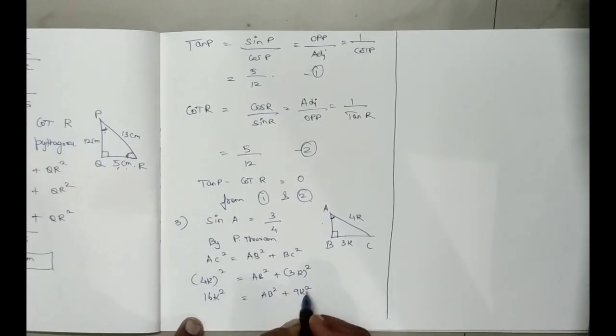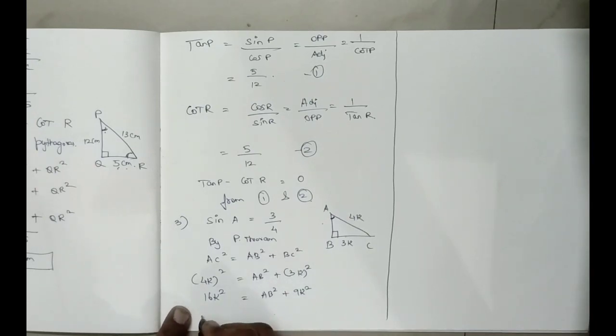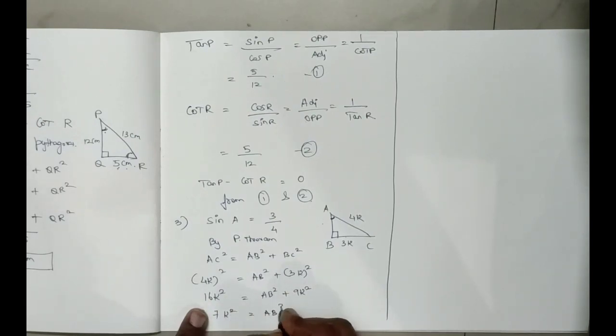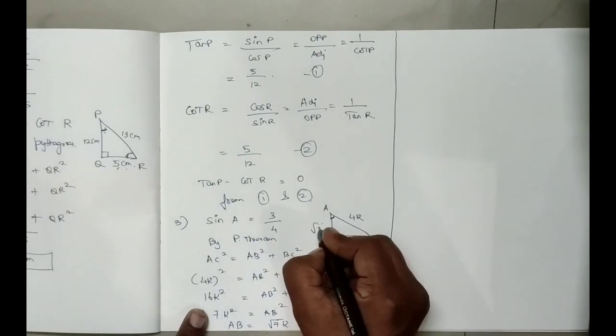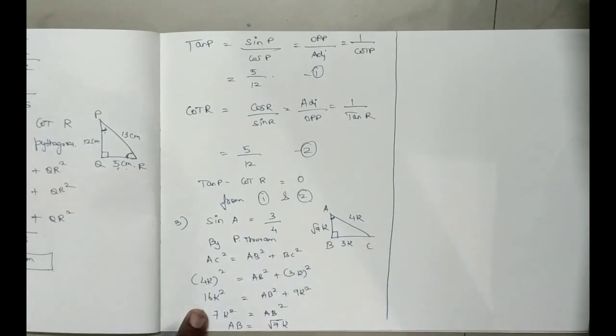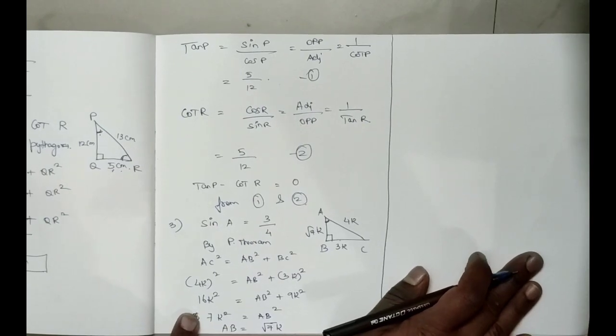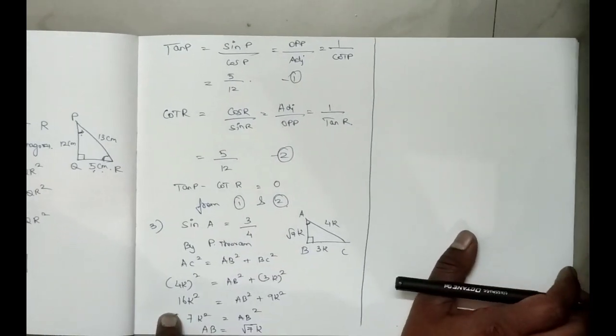So 16k square minus 9k square, we can take it as 7k square, which is equal to AB square. So AB will be equal to root 7 and k. Okay, we have got it as root 7 k, and we cannot solve it more than this.